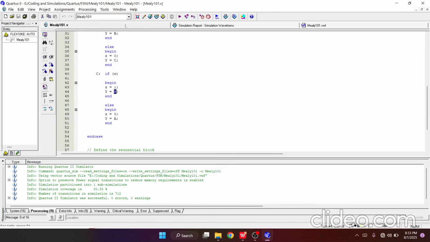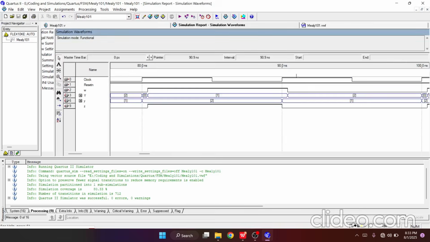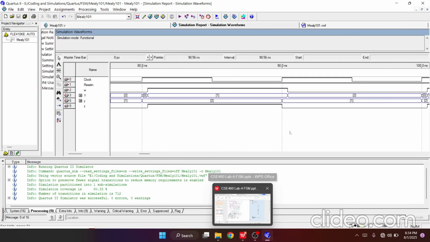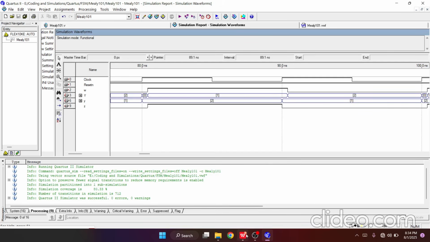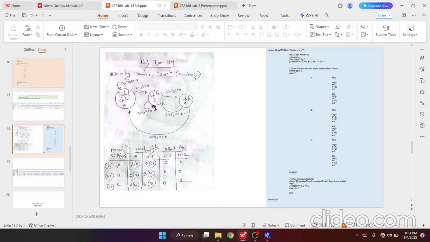So what we have seen in the code, Z will depend on the present state and your input. At this time instant, 90 nanosecond, your capital Y equal 1 value is transferred to small y, which is the present state. So from 90 to 100 nanosecond, your present state is now B. While being in B state, if you get W equal 1, you should stay in B state.